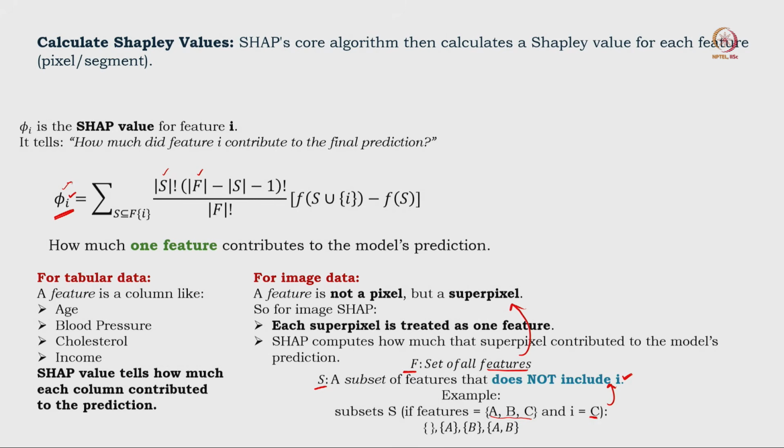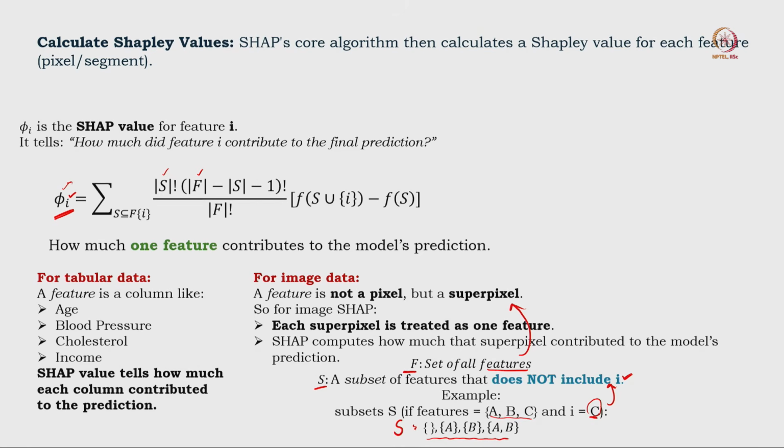It is a subset of features that does not include i. So, now create all the subsets which do not include C. If the set has the elements A, B, C, then write all those subsets which do not include C. These are the possible subsets where there is no C present, correct? This is actually a subset S.